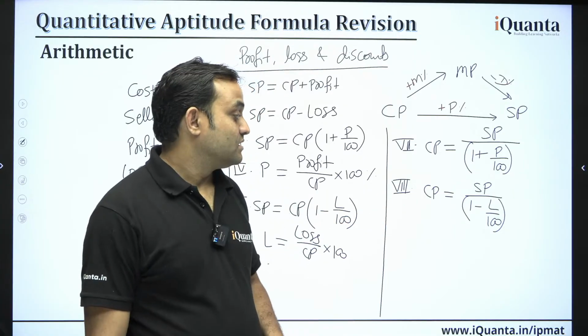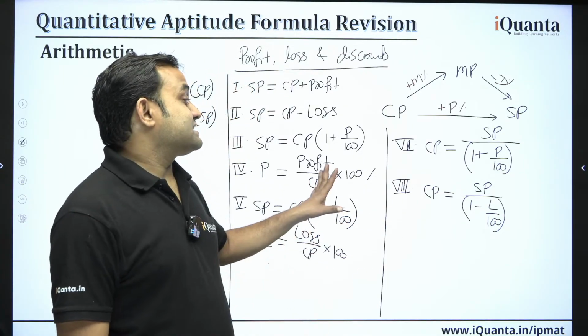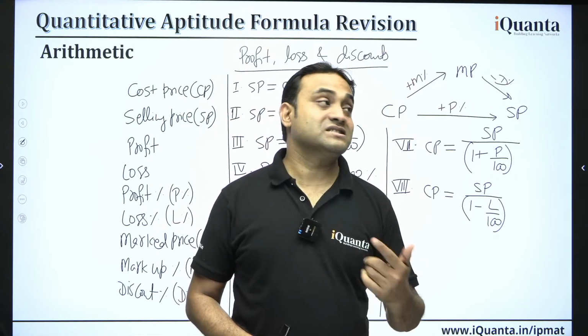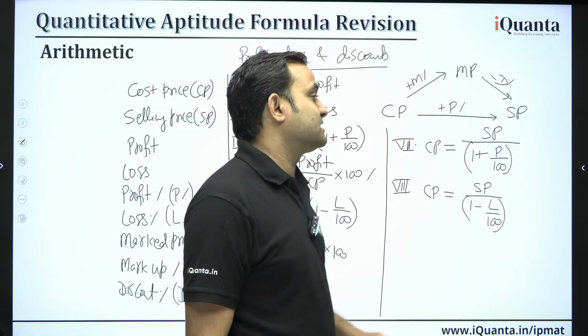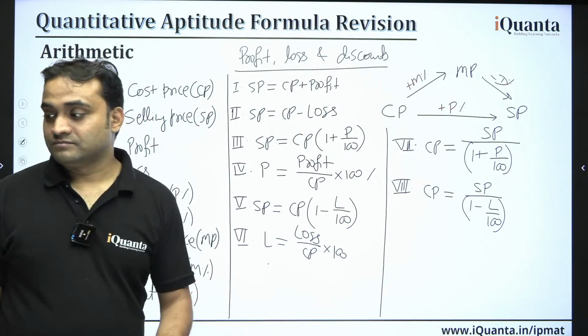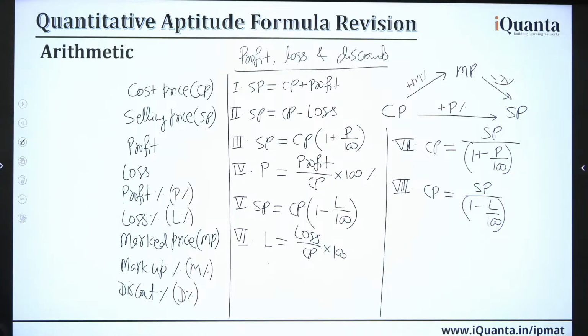All right. Now, this is the relation between selling price and cost price, profit, loss. Now let's involve the mark price and the discounts as well. So note it down, and then we will check further concepts.